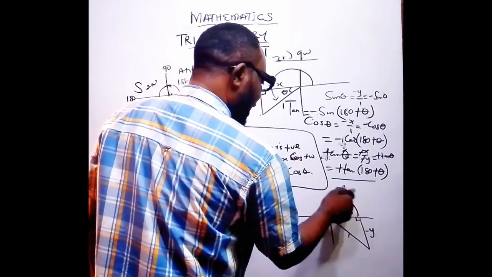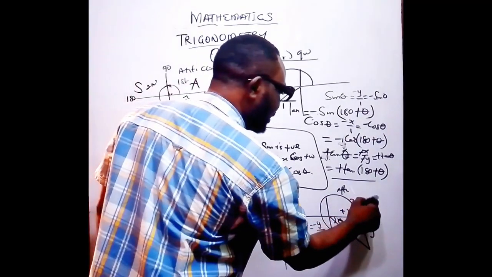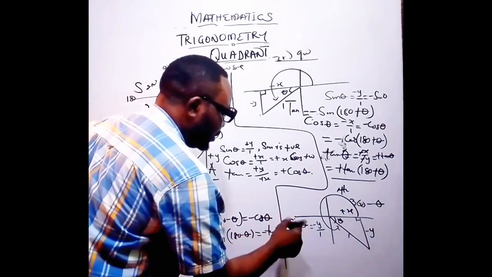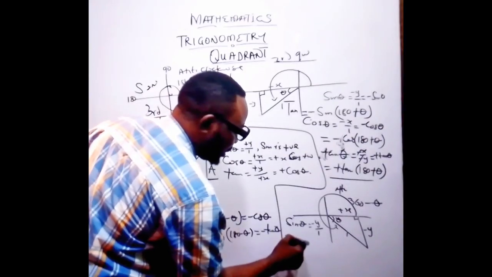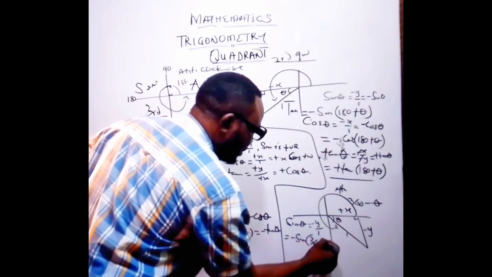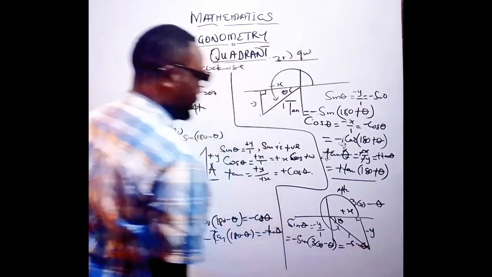Now, from here to here will be 360 minus theta. So at that level, the sine will be minus sine 360 minus theta, which is going to give us minus sine theta.